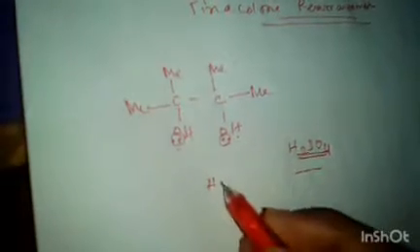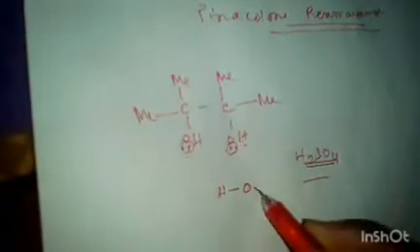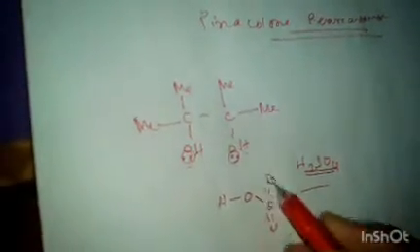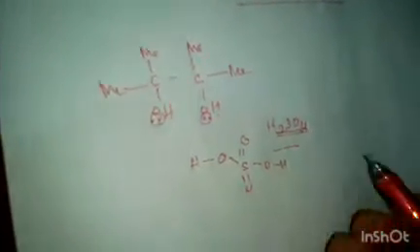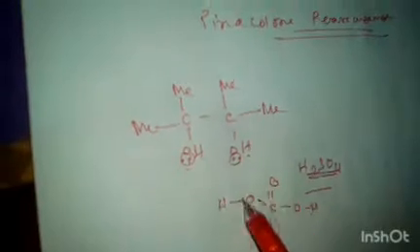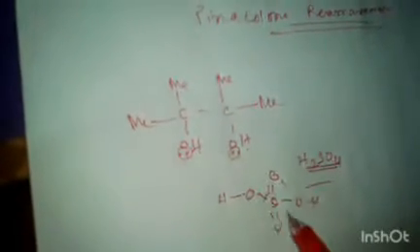So when we add H2SO4 to this, I'm drawing the structure in short here. H2SO4: there is one S, 4 O's and 2 H. This lone pair of the oxygen will grab this hydrogen.